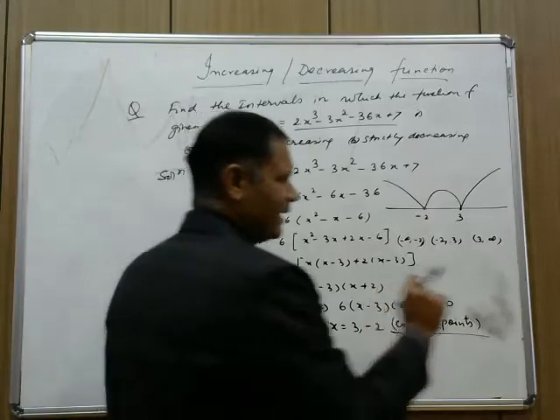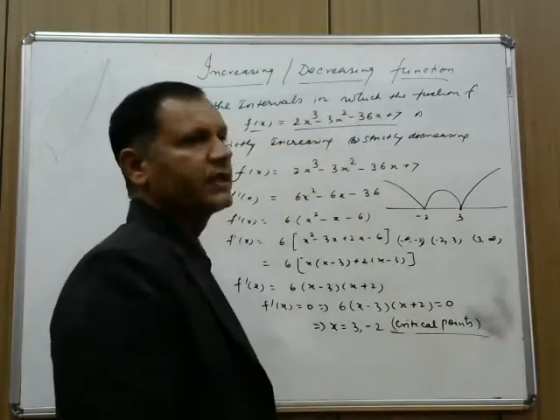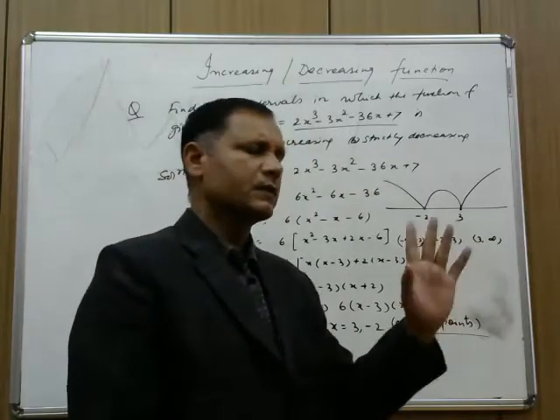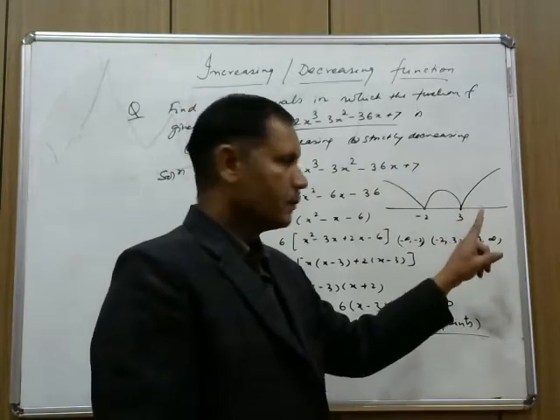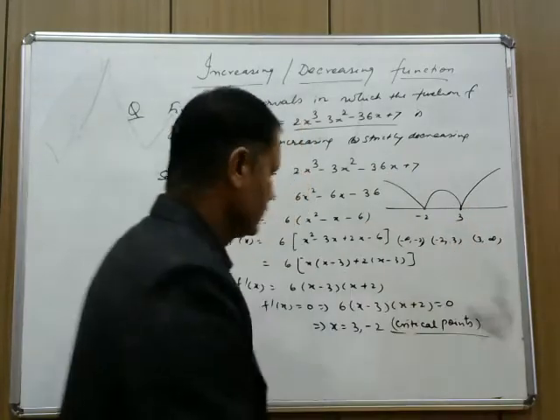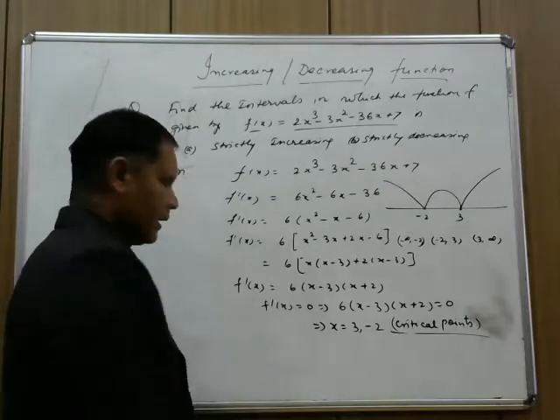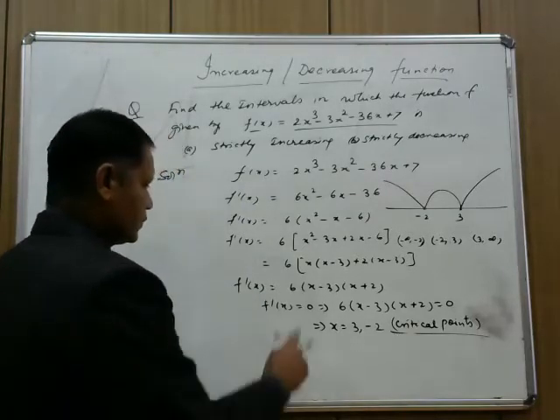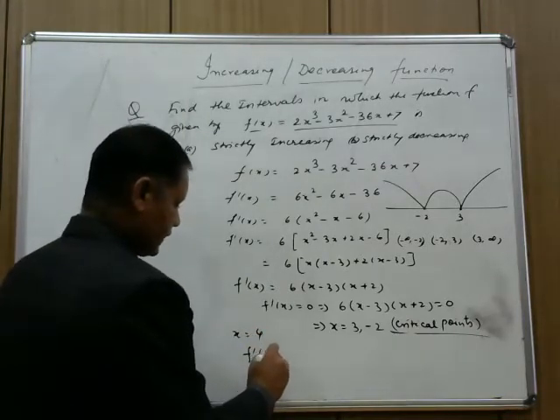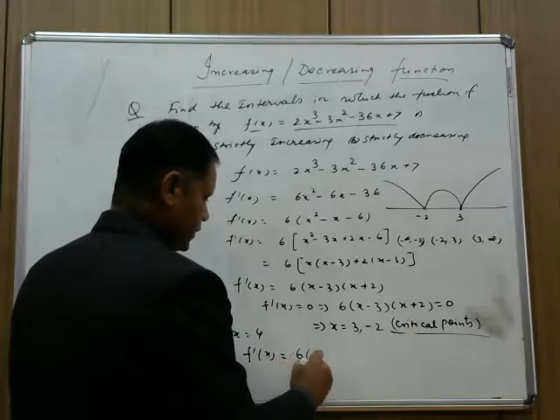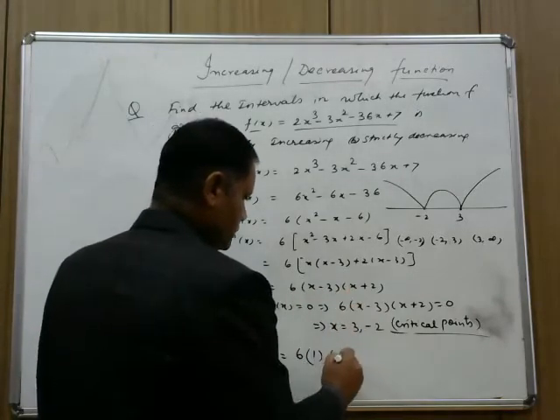Now, take any number between 3 and infinity. Suppose I take the number 4. Now put the value of 4 in f dash of x. If x is equal to 4, then f dash of x is equal to 6 into 4 minus 3, 1, 4 plus 2, 6.